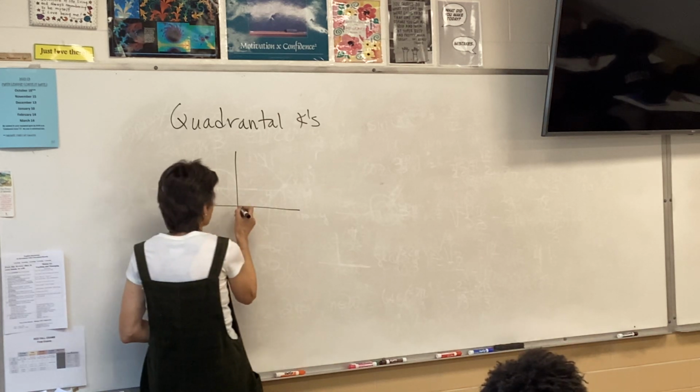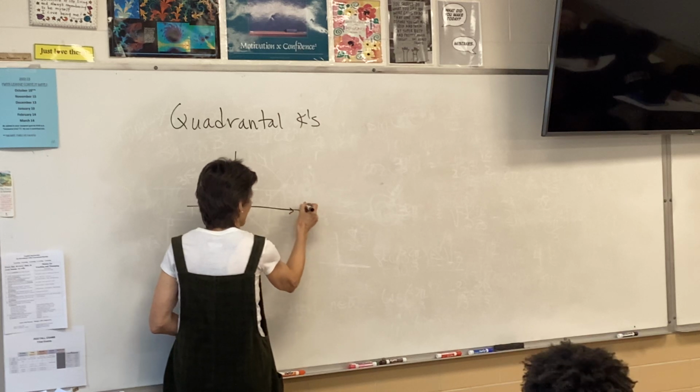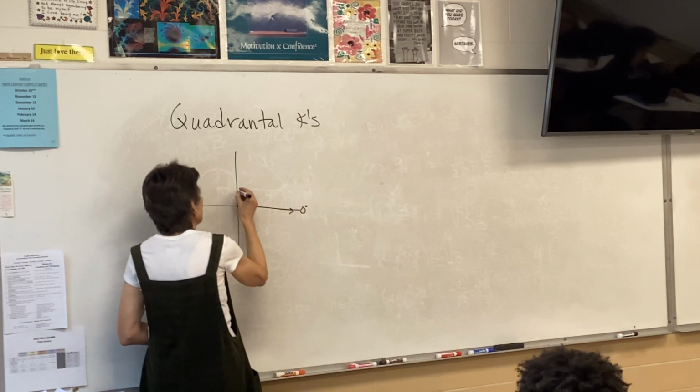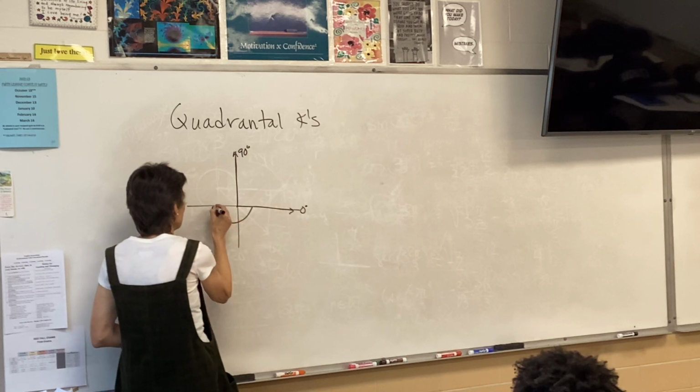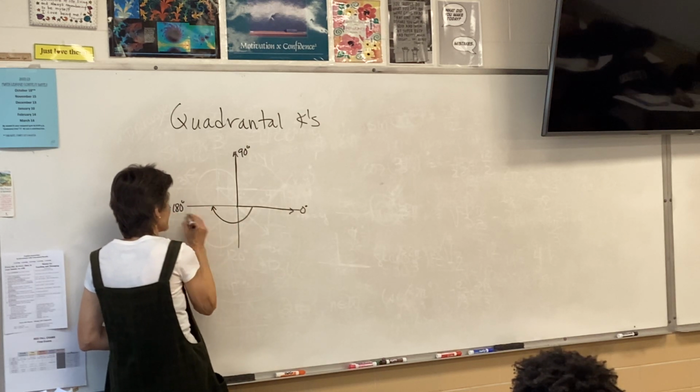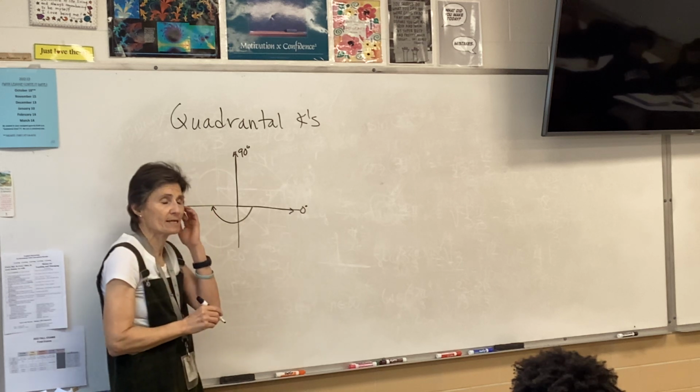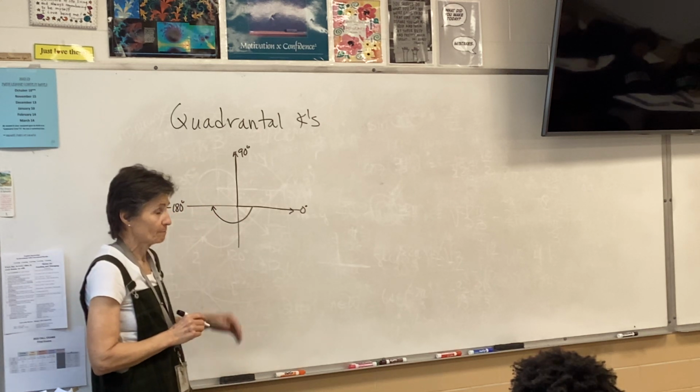So, an example would be 0 degrees, 90 degrees, negative 180 degrees. These are called quadrantal angles. They terminate on an axis.